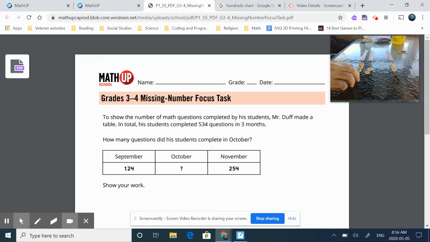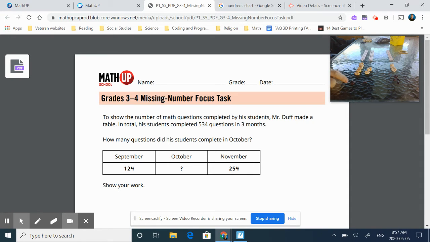I'm going to use the kidney beans as my hundreds values. My honeycombs, my daughter left some for me still, so I'm going to use my honeycombs for my tens. And I got some straws, so I'm going to use some straws here for my ones value. What I've done is I've already laid out the numbers.